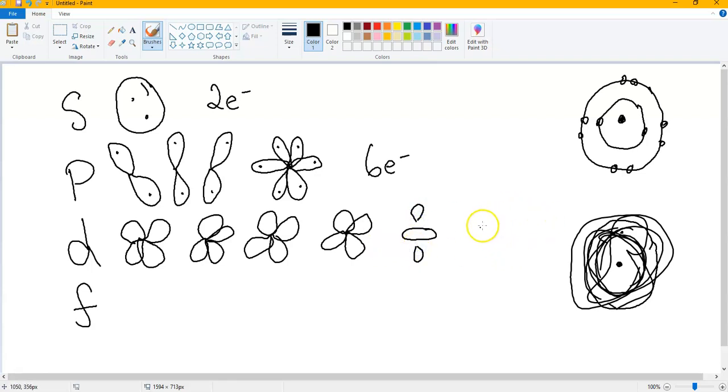There are 5 of them, and they can hold a total of 10 electrons. And then the f orbitals, I can't draw them. There's far too many of them, and they're far too complicated. But these guys hold 14 electrons, okay? So s orbitals hold 2 electrons, p orbitals hold 6, d orbitals hold 10, and f orbitals hold 14.